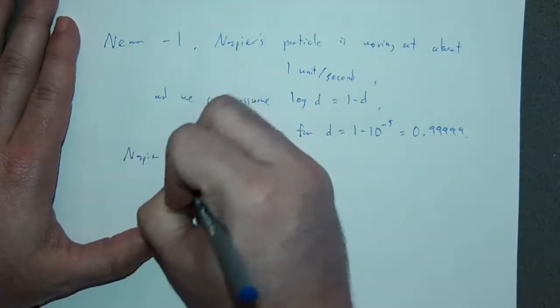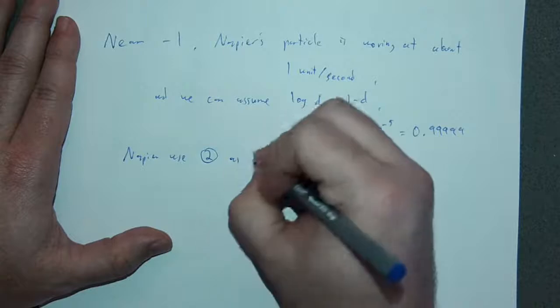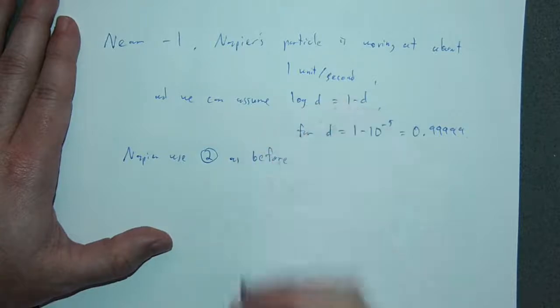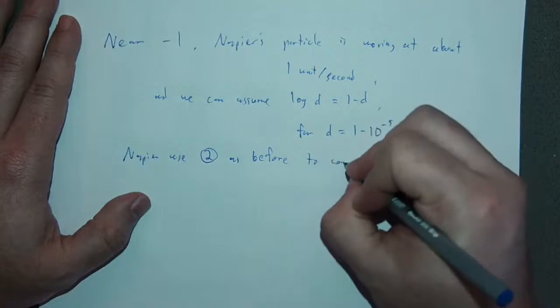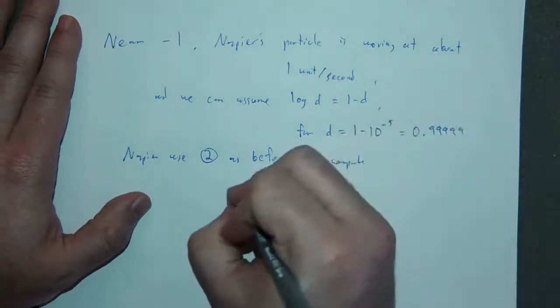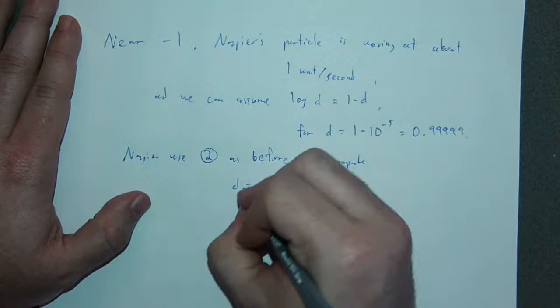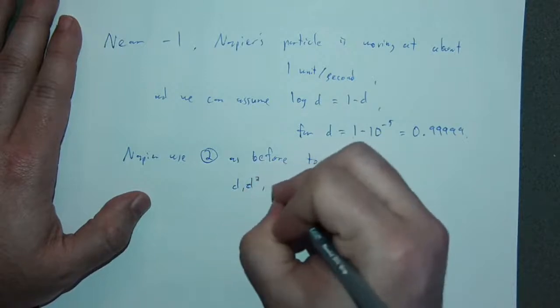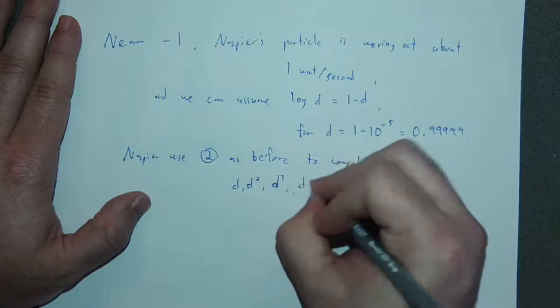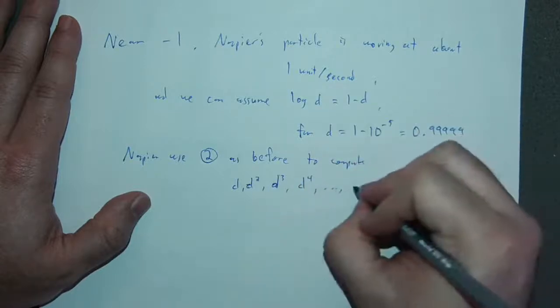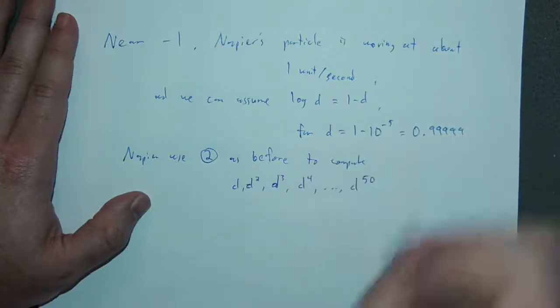Napier uses the second fact, like the example I showed you with 1 minus 10 to the minus 5, to compute d squared, d cubed, d to the 4th, and so on, all the way up to d to the 50.